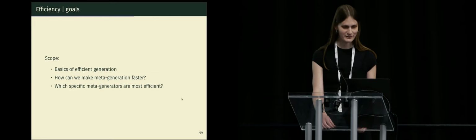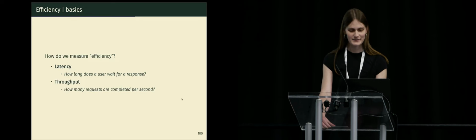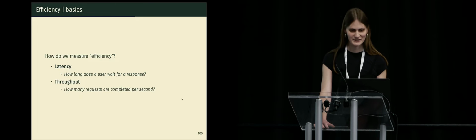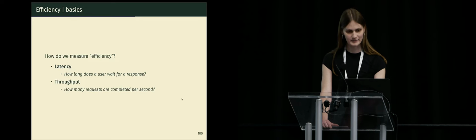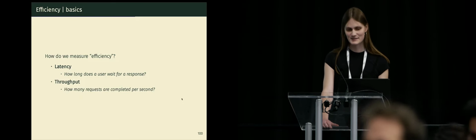I'm going to do this by first going over some of the basics of how we make language model inference efficient, then talk about how this maps onto making meta generation specifically faster, and what this means for the interaction between meta generator algorithmic design and efficiency. So first off, when I say efficiency, what exactly does this mean?